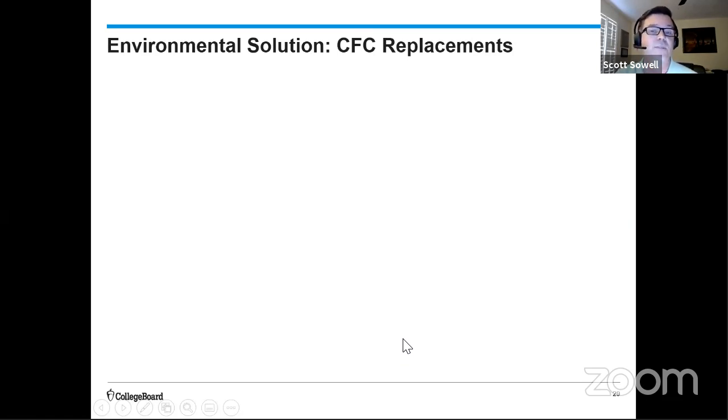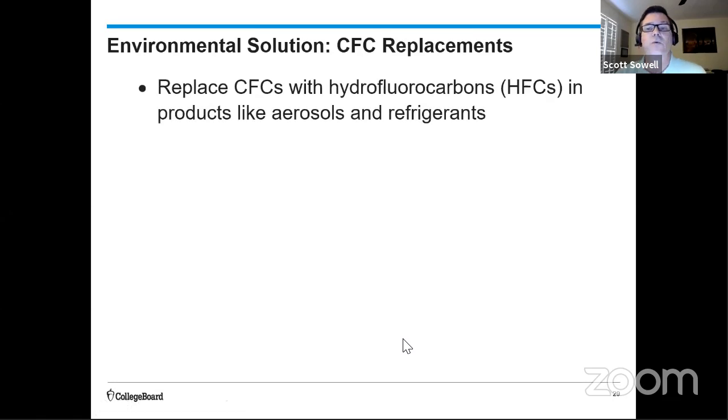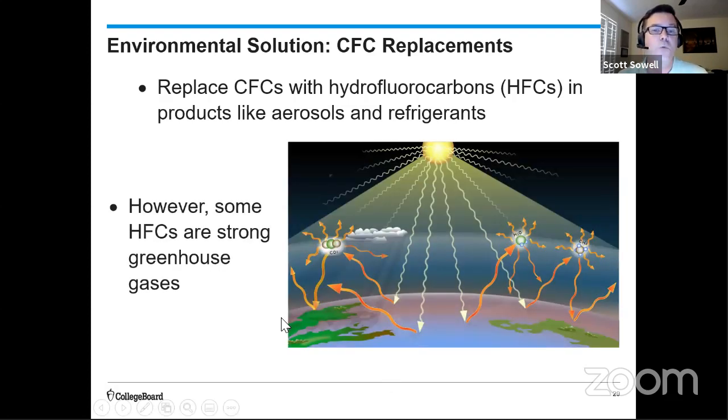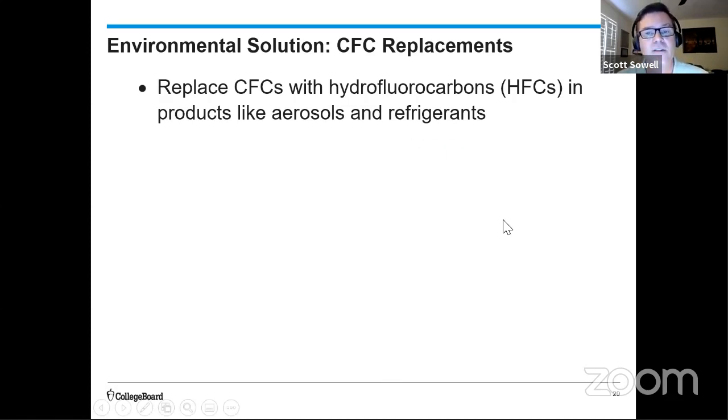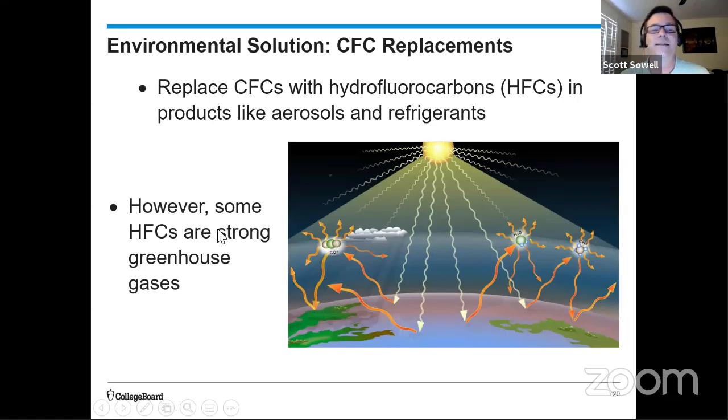Then we had to find something to substitute them with. And so one solution was to use hydrofluorocarbons, HFCs. So again, be sure you know the name and the abbreviation, HFCs. And it worked fine. It worked fine in terms of aerosols and refrigerants. The problem: HFCs are a strong greenhouse gas.